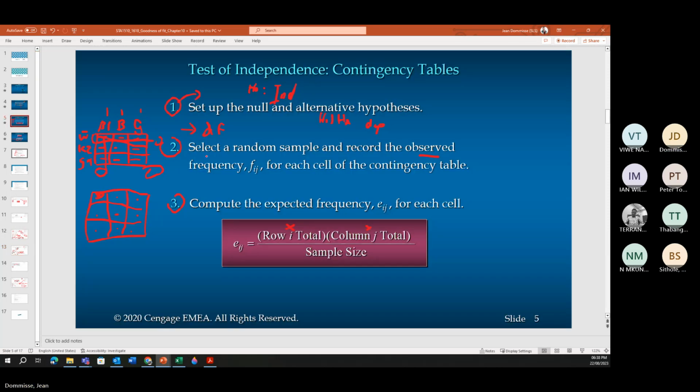Then we can compute the expected frequency by following the total in the row times the total in the column divided by the sample size.